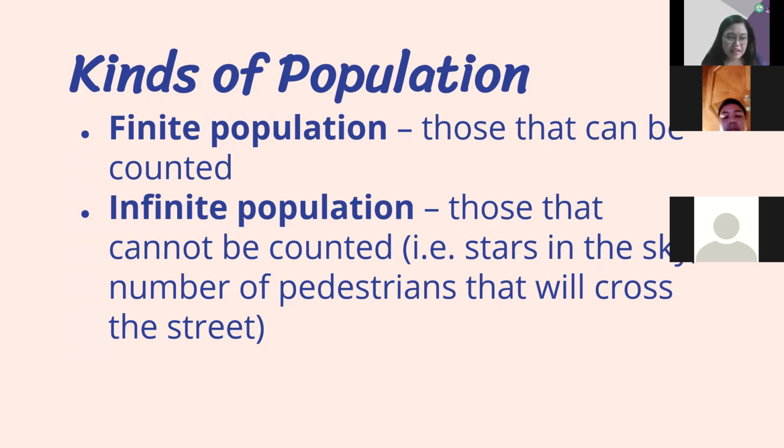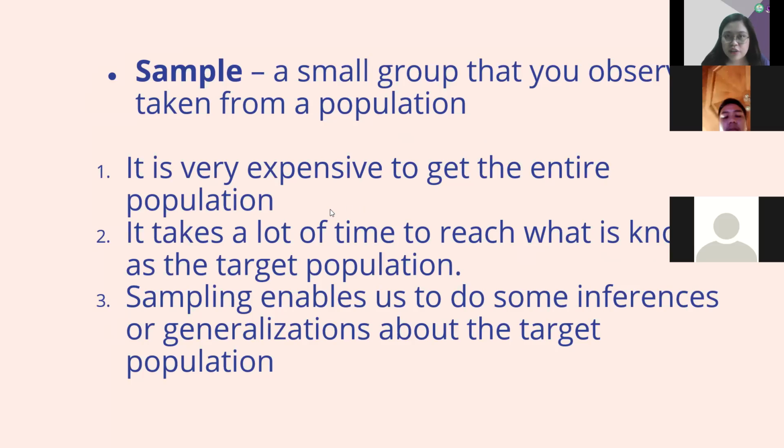And please remember that in that case, the numbers crossing the street in a day vary. So you have to look at your paper. If your study involves human subjects and you can count them, then we call it finite population.